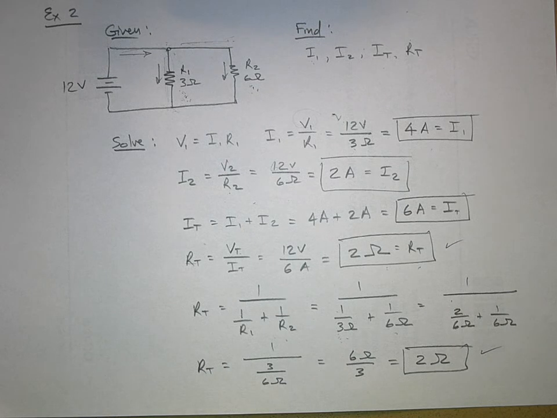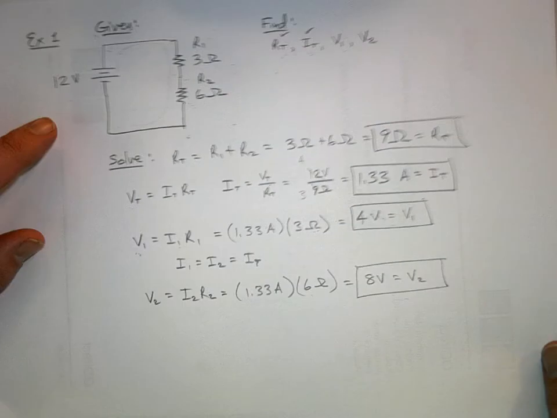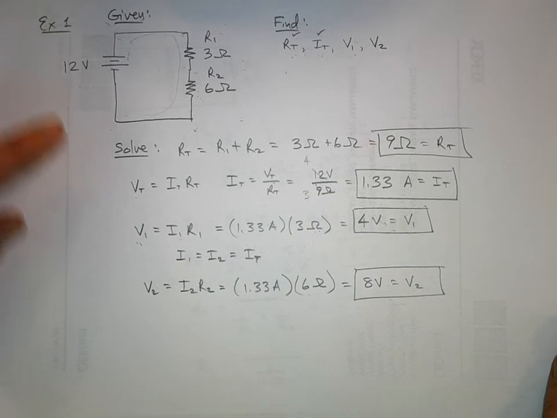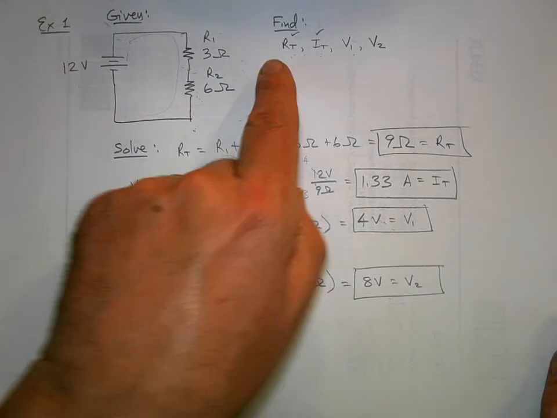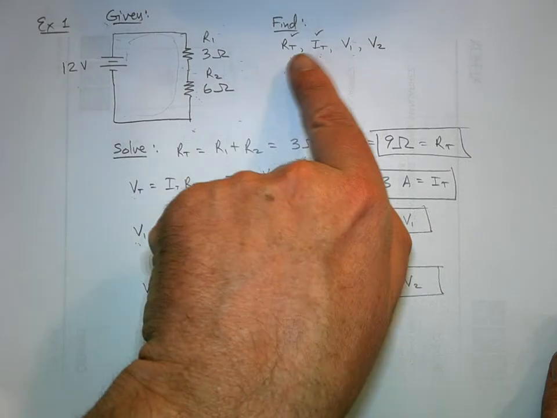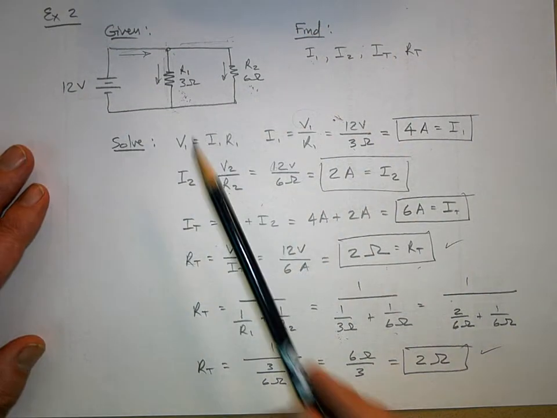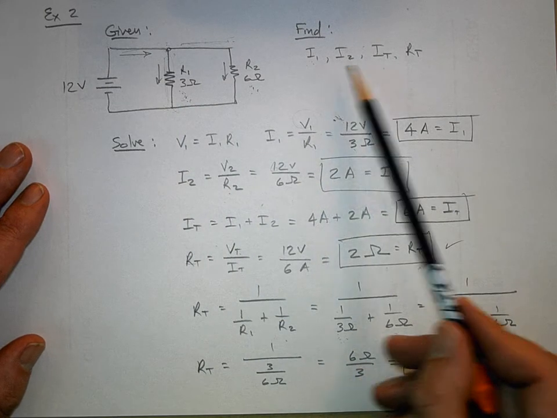So here's what I've done. I've done two problems for you. Example 1 is resistors strictly in series, asking about their resistances, total resistance, current, voltages. And then here with resistors in parallel, what are the currents? What's the total current? What's the total resistance?